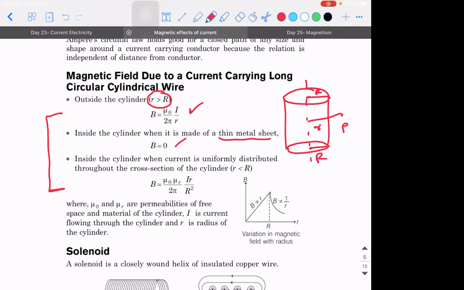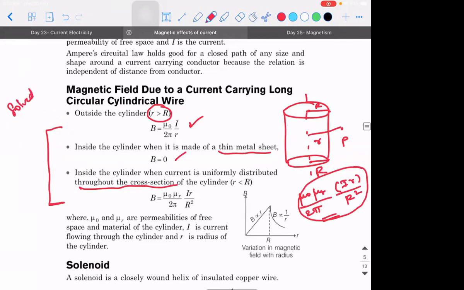Inside the cylinder, when the current is uniformly distributed throughout the cross section, it is given like this: mu naught I r divided by 2 pi R square. And if you want to find out how this expression has actually come, there is a solved example in your textbook. And even I have solved it in the class.